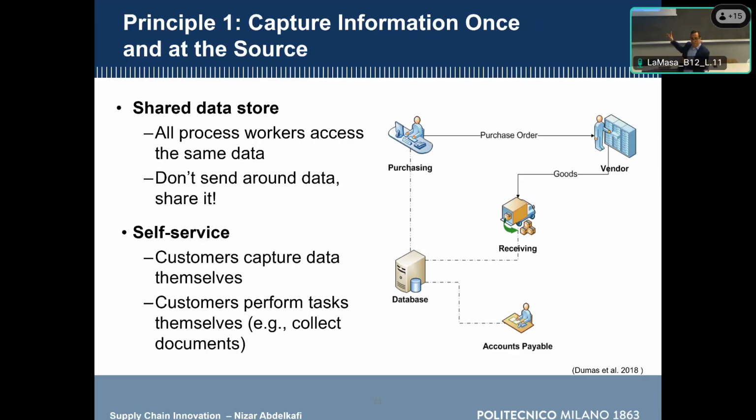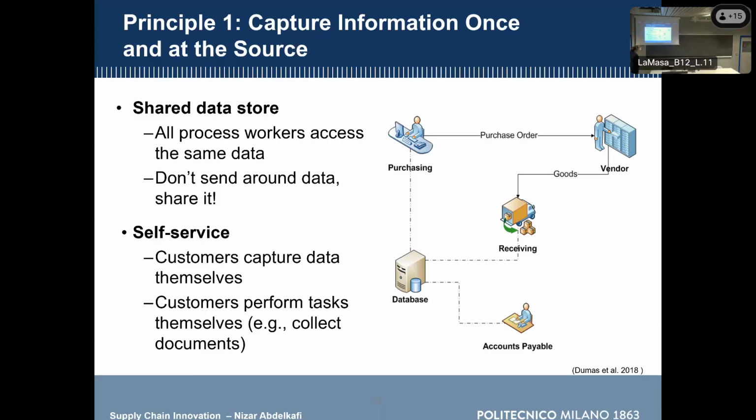The professor has said, according to the first principle of the redesign of processes, we should not send data around, but we should just share data. What does it mean? It means that we will put the data on OneDrive, and in this way, everyone in the group can have access to it, and change the document, work on the document. And every time you access the document, you will have the most up-to-date version of the document. So this is a principle that perhaps some of you are already using, but it is an essential principle. Don't send data around, just share.